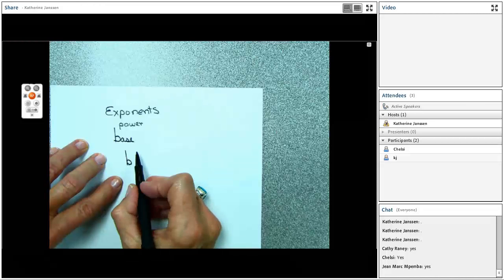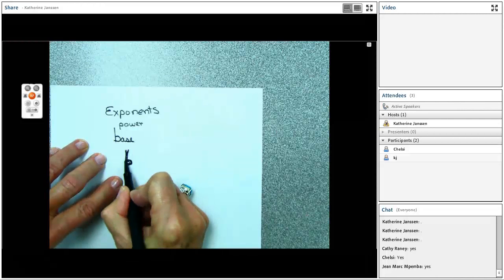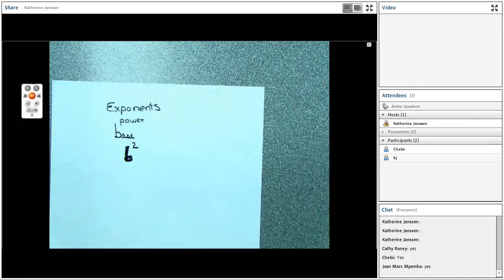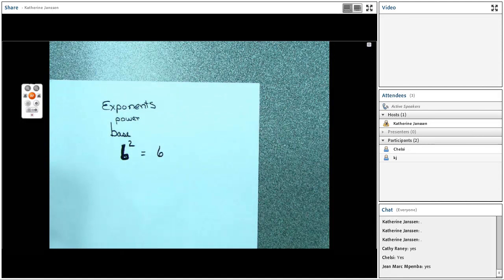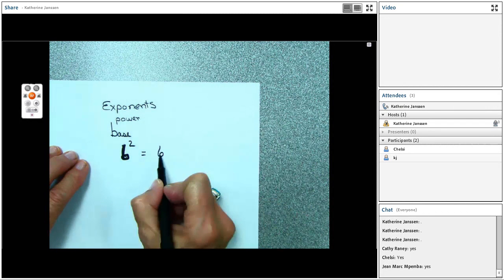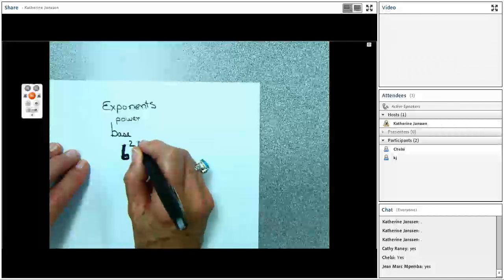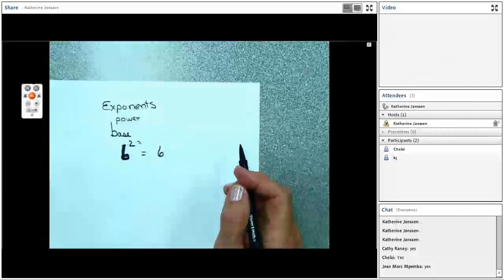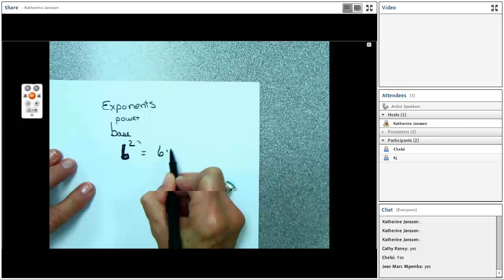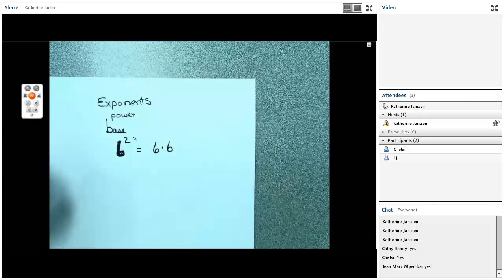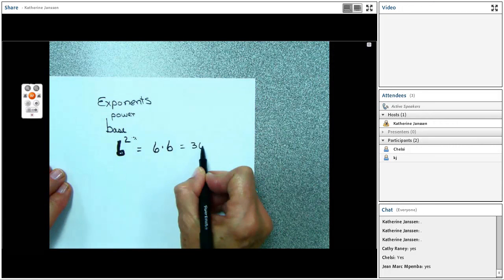Let's go, 6 squared. 6 is our base and our power is 2. This means the base times itself. How many times? The exponent is a superscript, so it's up in the air. Twice. So 6 times 6. It's the base times itself 2 times, which is 36.